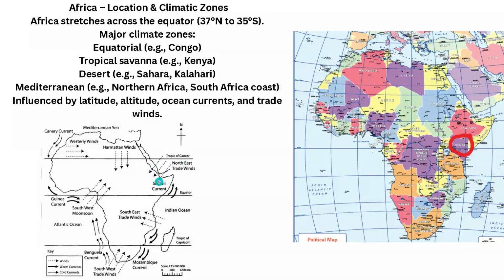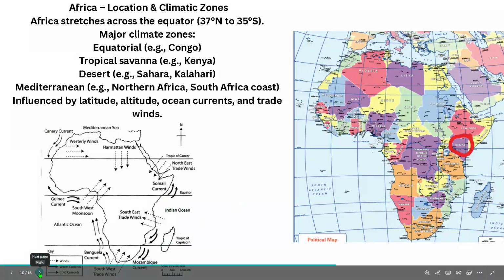Southwest monsoons blow from the equator towards the tropics. I think now you understood how the climate of India and Africa are similar and also distinct.